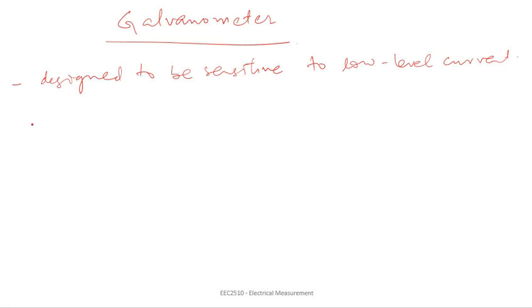Galvanometers are very often employed to detect zero current or voltage in a circuit rather than to measure the actual level of current or voltage.